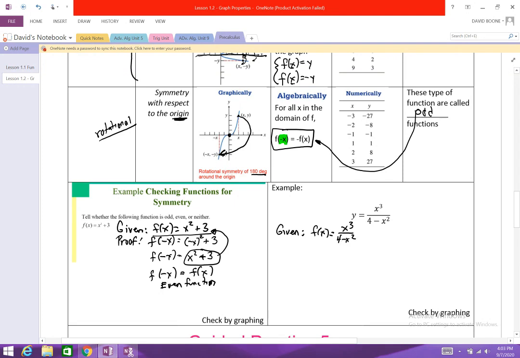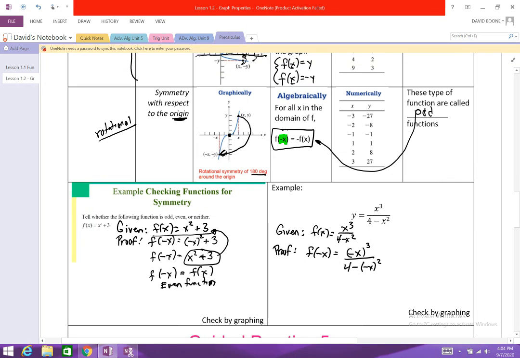The goal is always to start with a proof, and I'm going to put in a negative x for that x. Everywhere I see an x, I'm going to put negative x. So it's negative x, and I'm going to have to cube that. It's going to be 4 minus, and I'm going to put negative x in for this x, and square that.